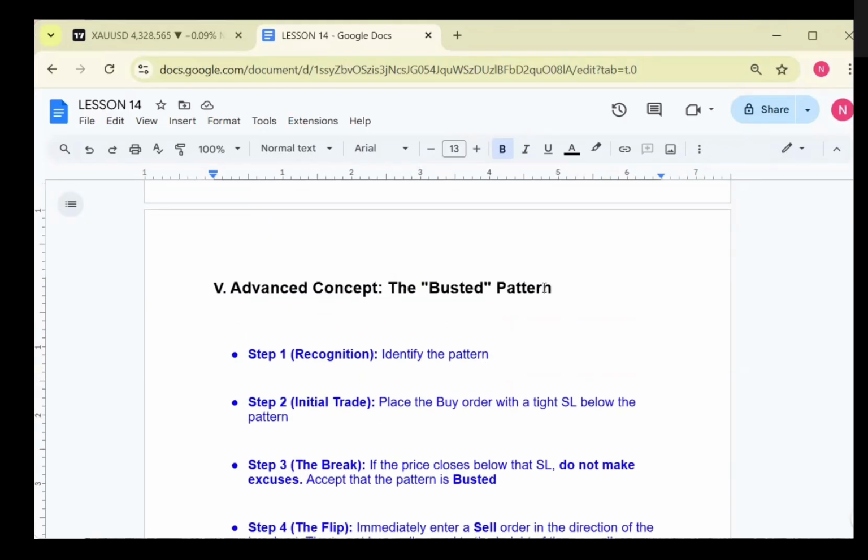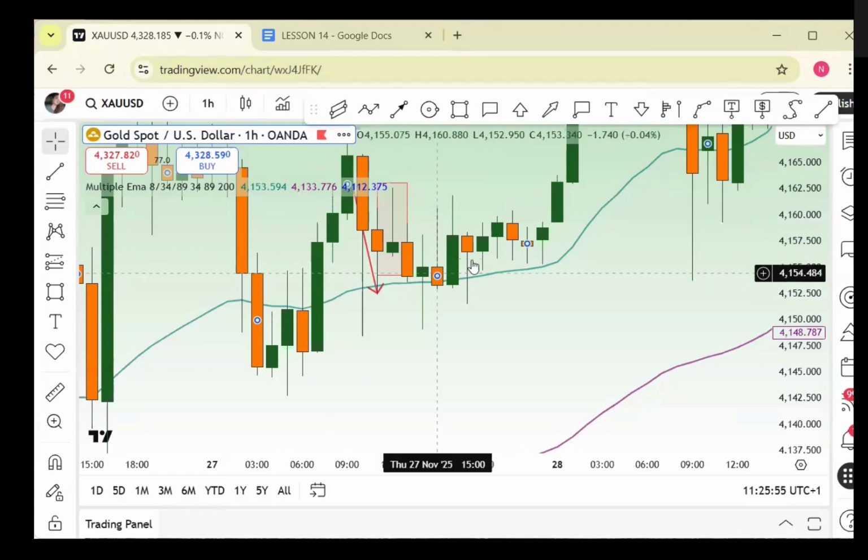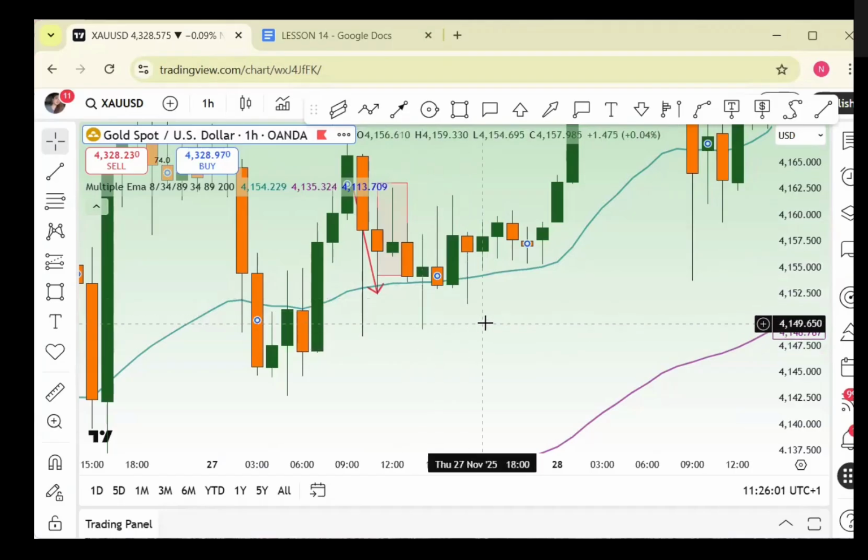Do not be stubborn to your previous analysis anymore. Remember the flip: immediately enter a sell order in the direction of the breakout. So obviously you will recover quickly when it's heading down to 41.49.